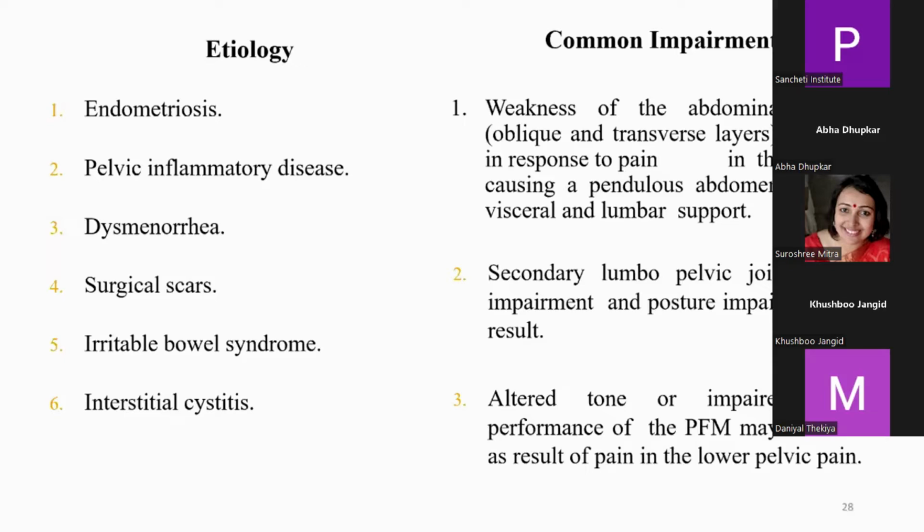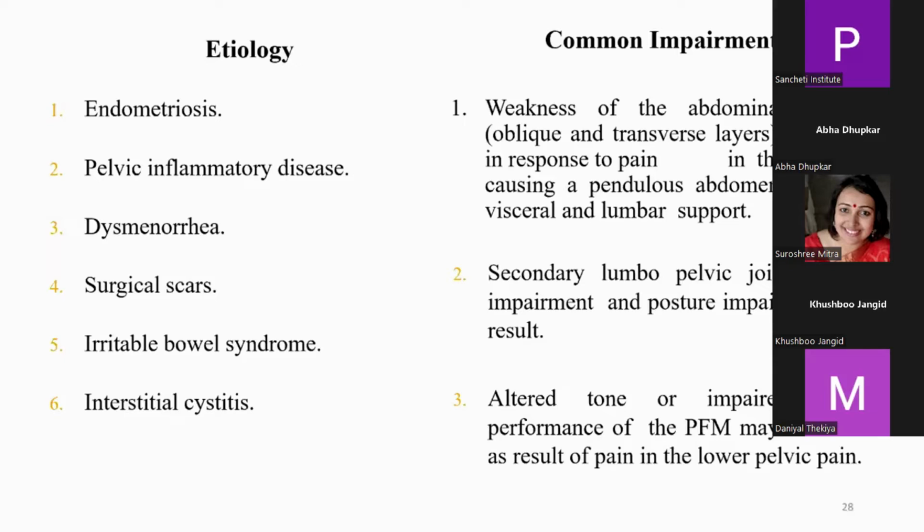Now, the impairments are weakness of the abdominal muscles. This is the first thing. Then second, you're going to see lumbopelvic joint mobility impairment, and posture impairments may result. And third will be the altered tone or impaired muscle performance of the pelvic floor.